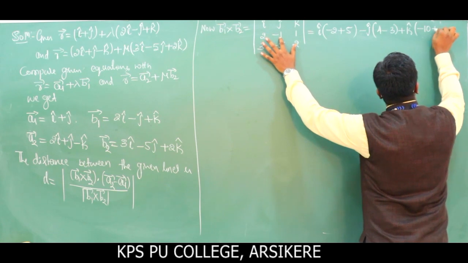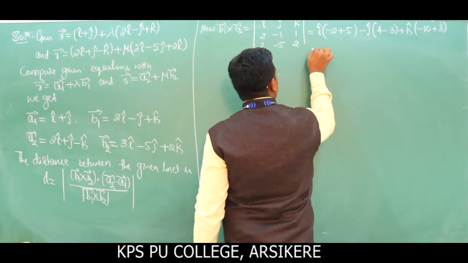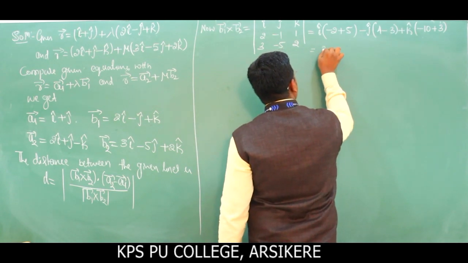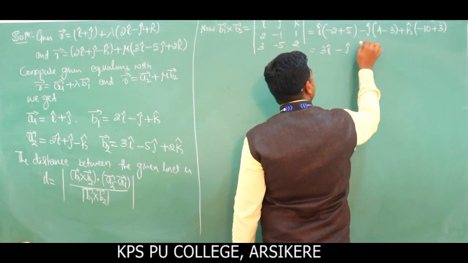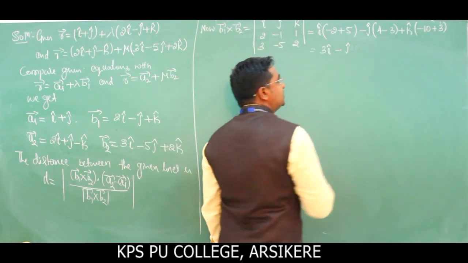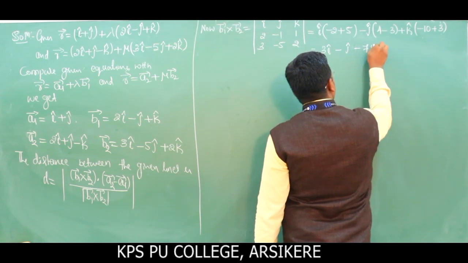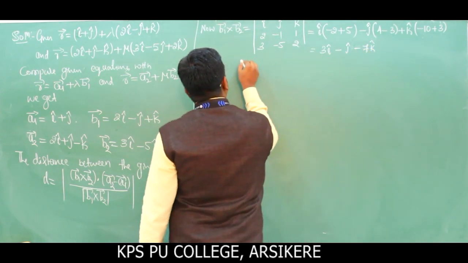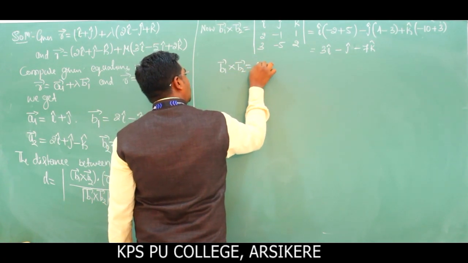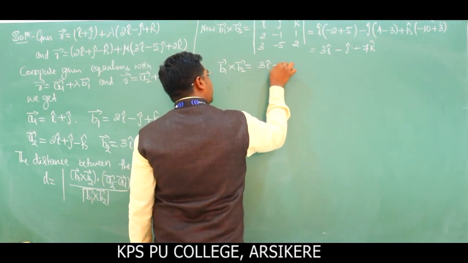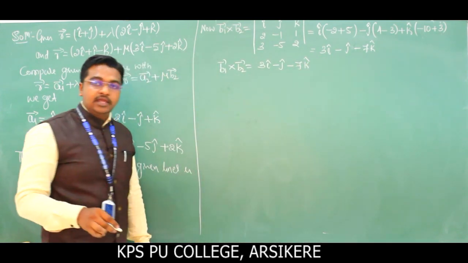So this becomes plus 3. Minus into minus becomes plus. So totally we are left with 3i cap minus j minus 7k cap. This is vector b1 cross vector b2, equal to 3i minus j minus 7k.